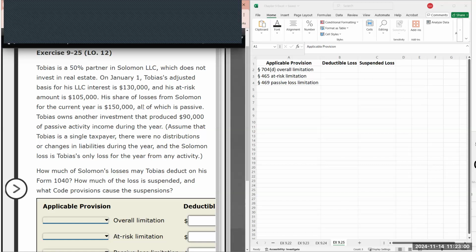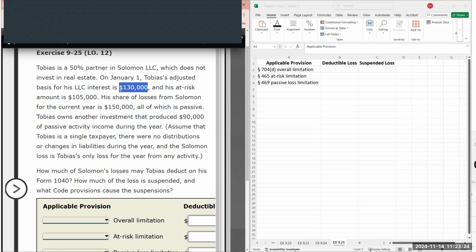So in this case, the first thing we need to factor in is how much the loss is. We see that there was an overall loss of $150,000. But one thing we know is, what is his overall basis? It says that he has a basis of $130,000.